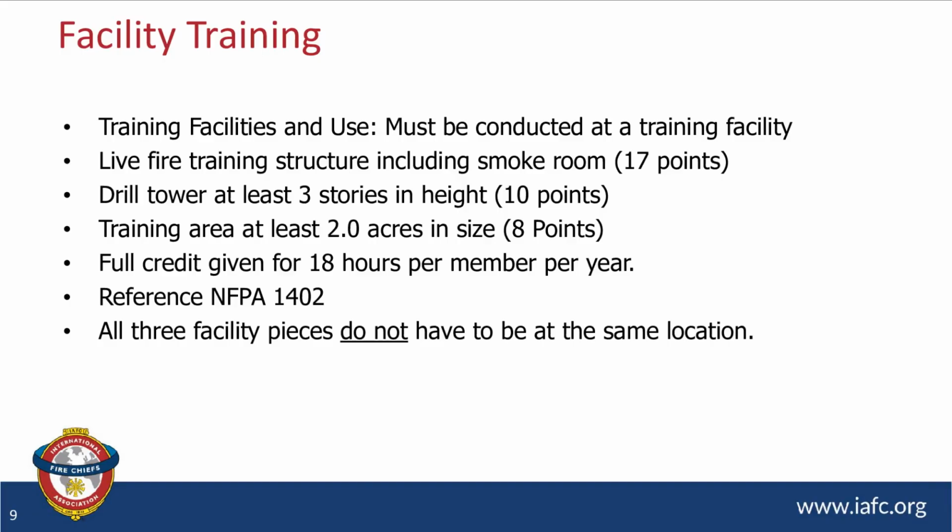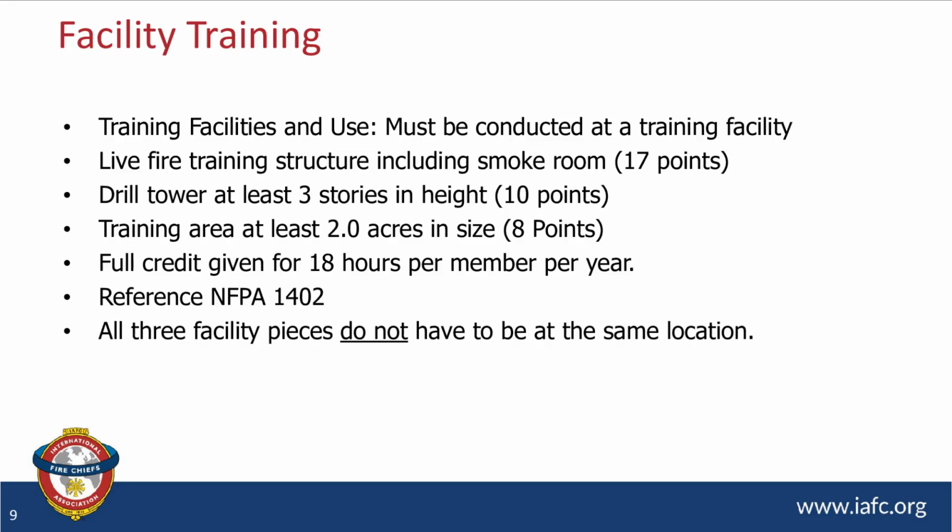So when it comes to the facility training, we want to ensure that each member in your agency is obtaining the maximum hours they can get utilizing that facility. So when it comes to the facility, we are looking to ensure that you are utilizing the 3 components for this credit.